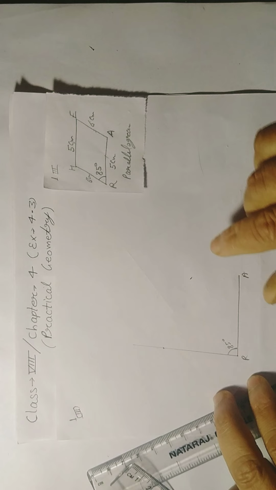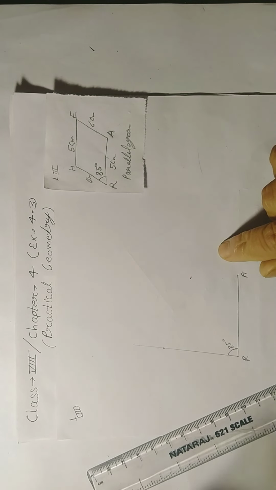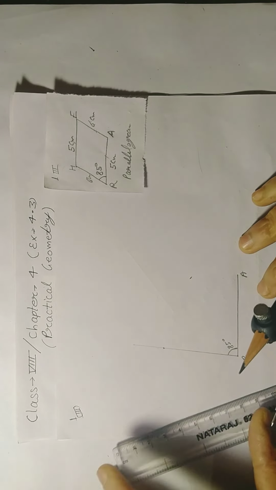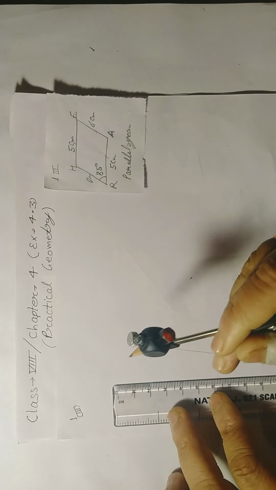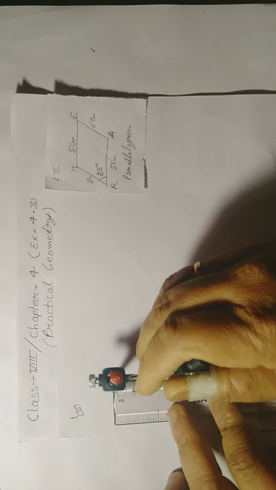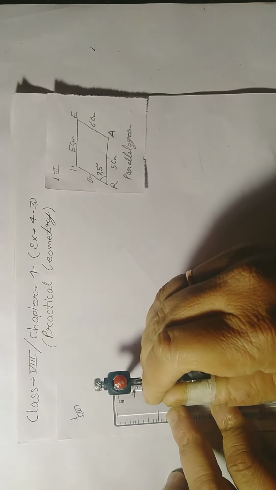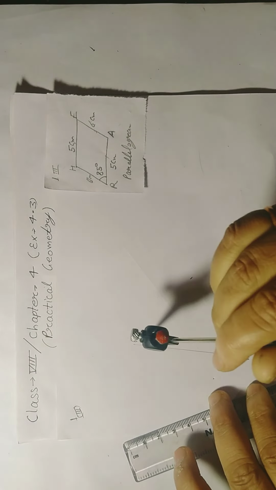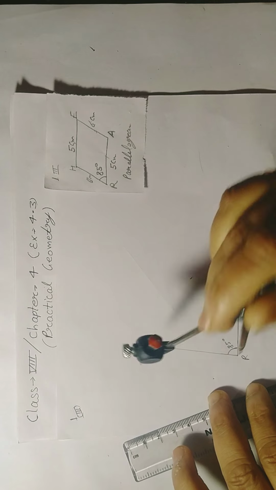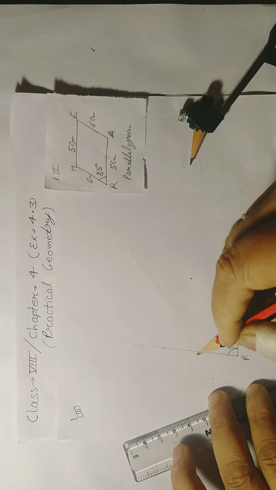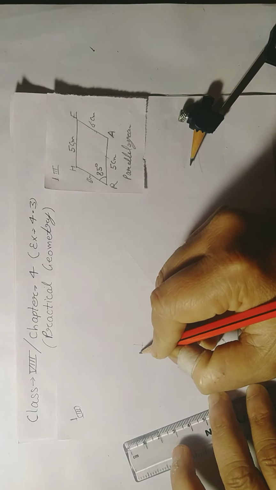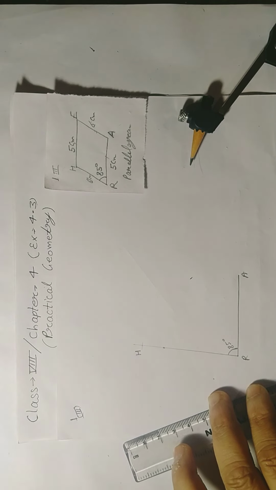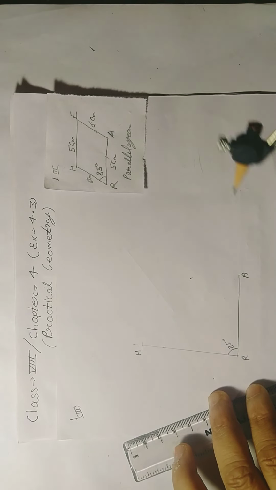Now HR is equal to 6 centimeter. So we take a distance of 6 centimeter in the compass, put the compass at R and draw an arc which cuts the ray of the 85 degree angle at this point, and it is point H. AE is also 6 centimeter.